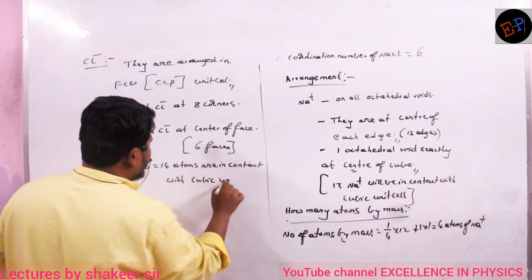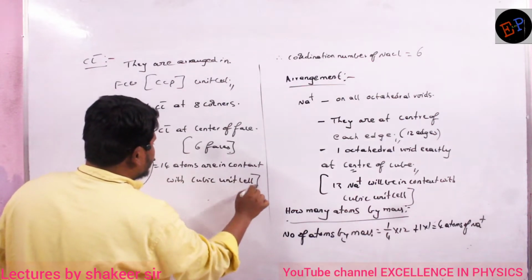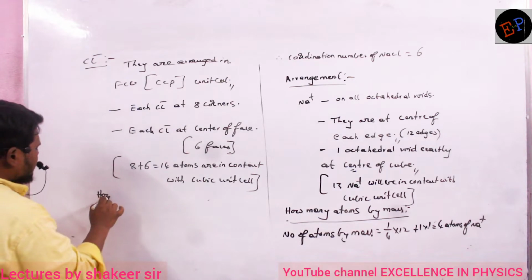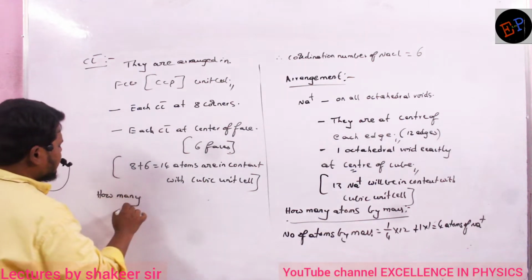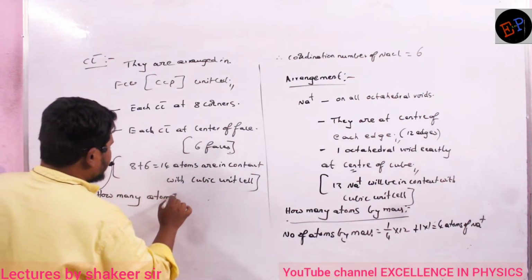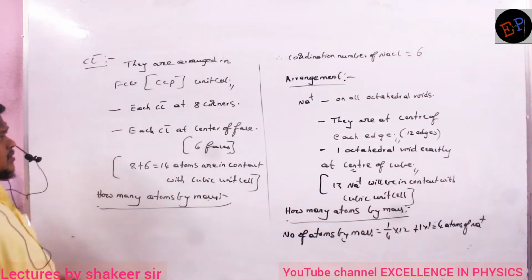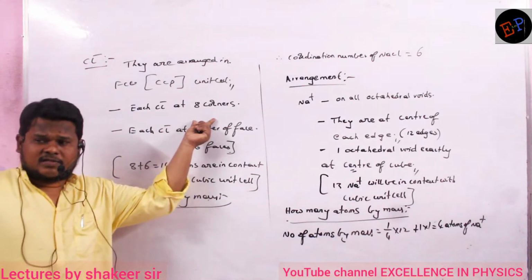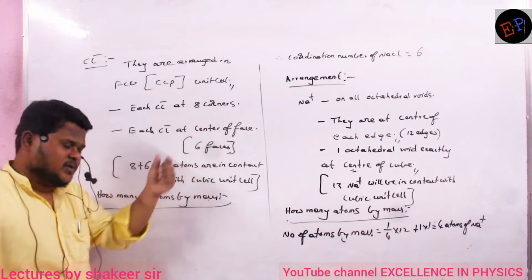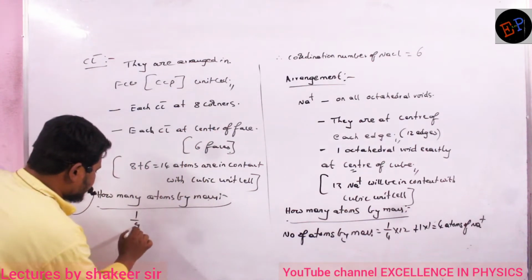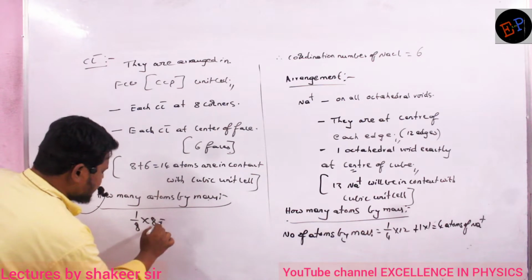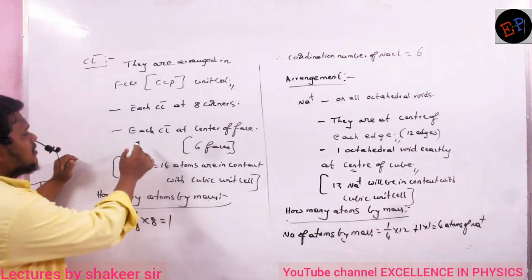Clear, no? And by mass, how many of them are present? How many atoms by mass? How can I calculate? So 8 are present at corners, no? What is the contribution of each corner? 1 by 8. How many atoms? 8 atoms. So 1 by 8 into 8, 1. Similarly, face.